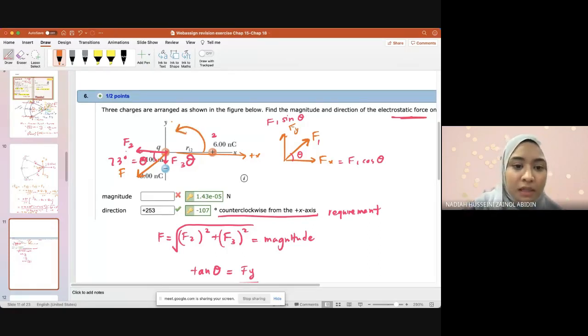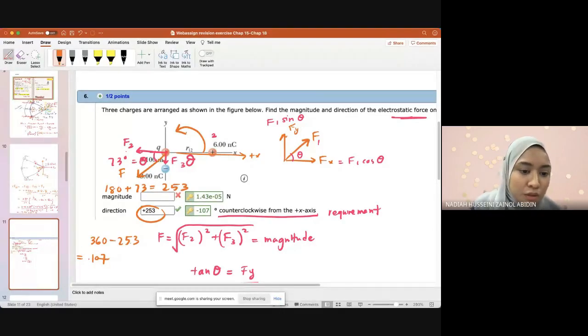So I should be getting 180 plus 73. 180 plus 73 is 253. Okay, so this one, I put it into the answer box, it is correct. But you can also answer it the other way. With that said, it means that 360 minus 253 will give you 107.